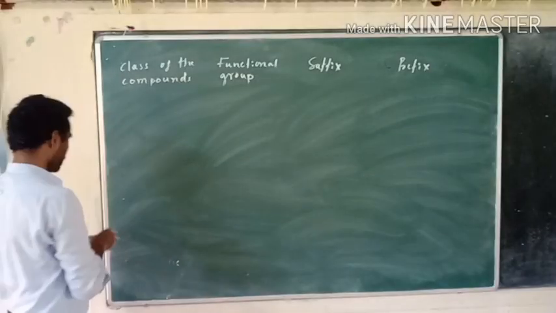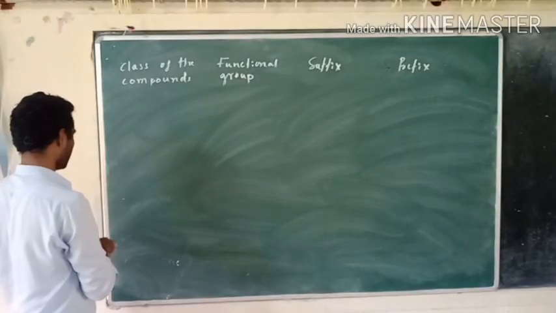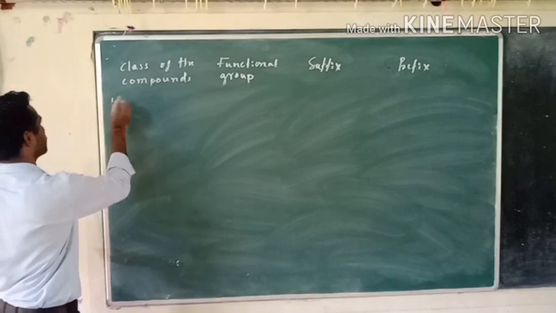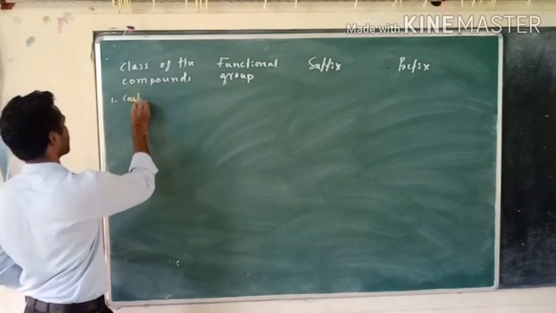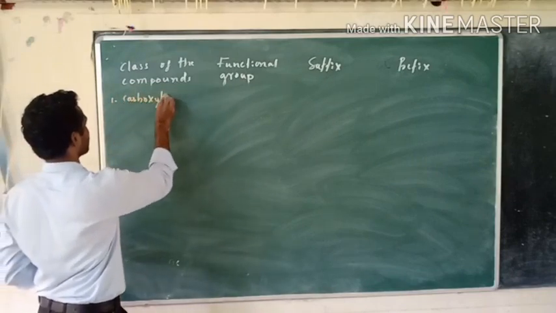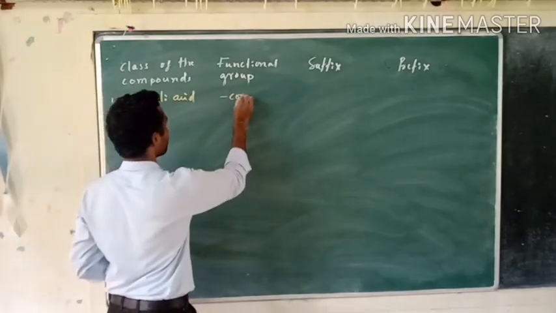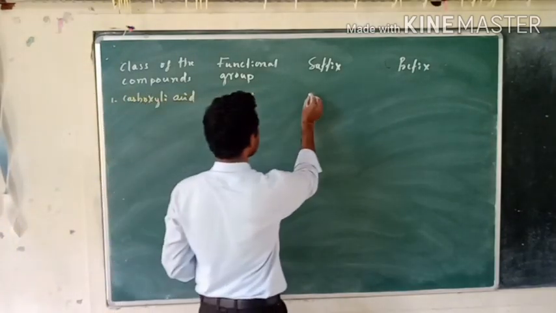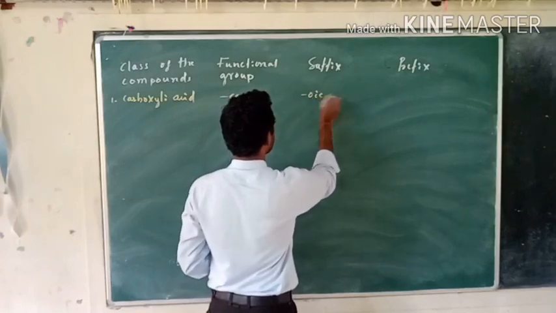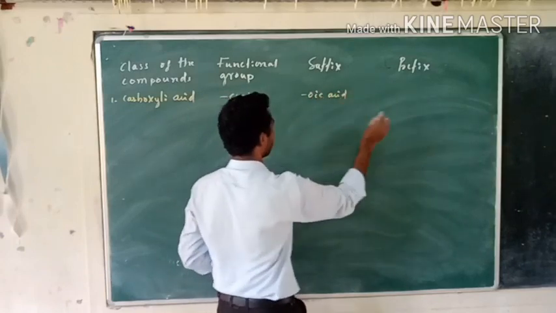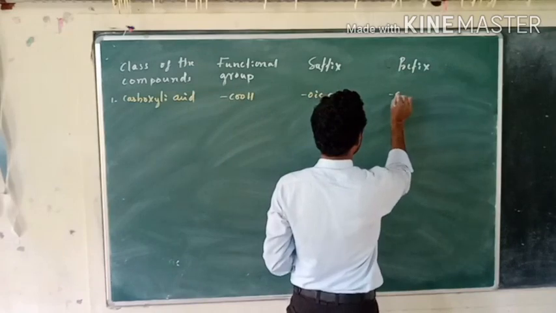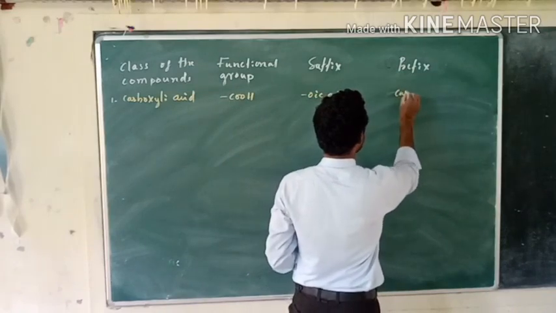The first one is carboxylic acid. The functional group is COOH. The suffix is oic acid. The prefix I have to use is carboxy.